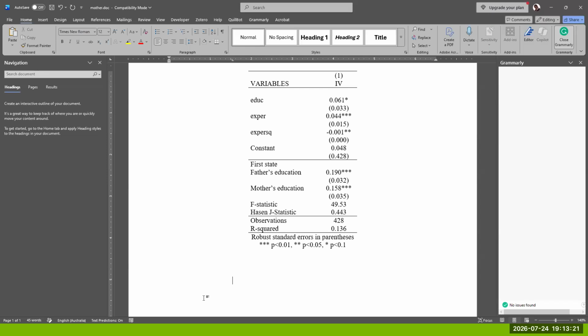So we've now gone through all of these stages. The other question is, what if you don't have an instrument? For those who are into time series and macroeconomic analysis, they usually don't have an instrument and they don't have to deal with this.